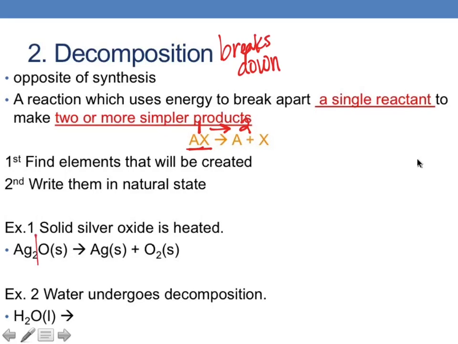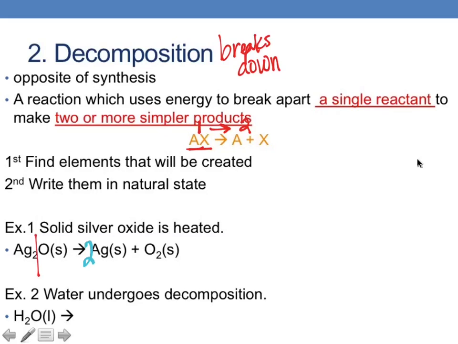So if I have solid silver oxide, I break that down into my 2 elements, which is silver, just an Ag, and then oxygen, which in its natural state is O2. And then you go back and you balance it.